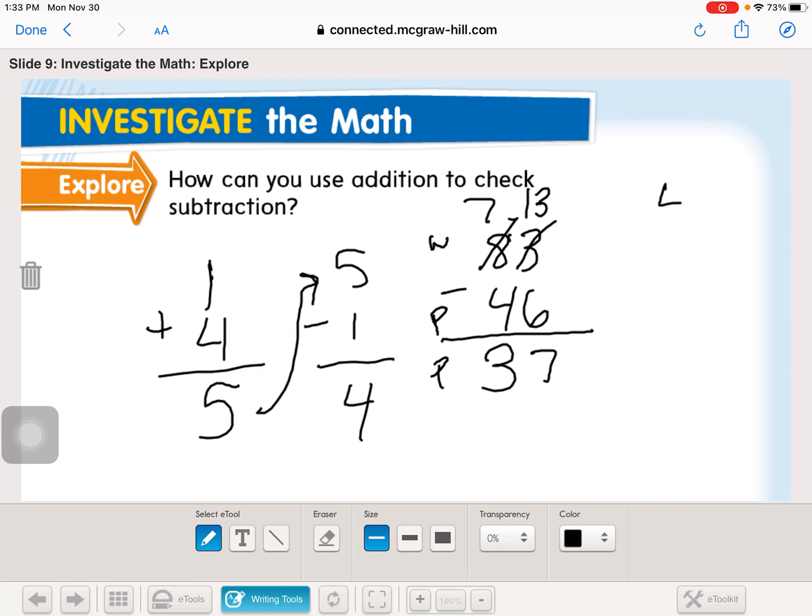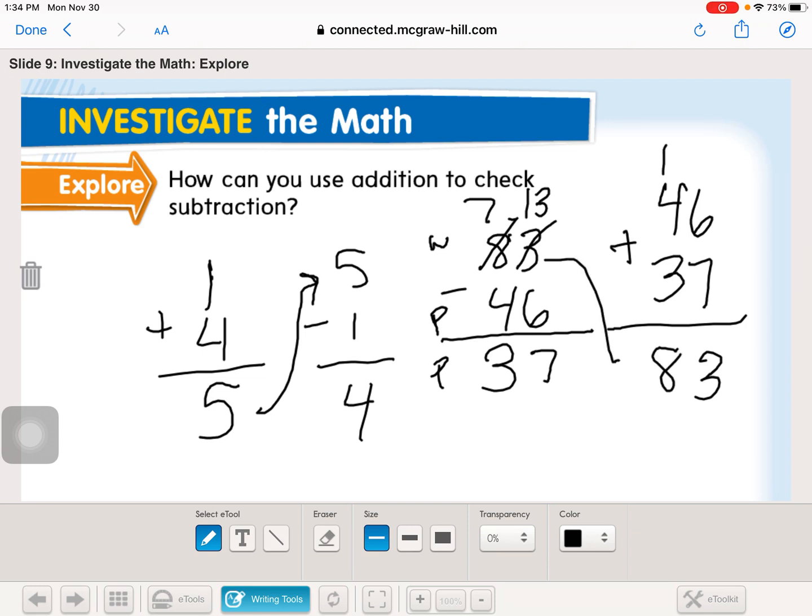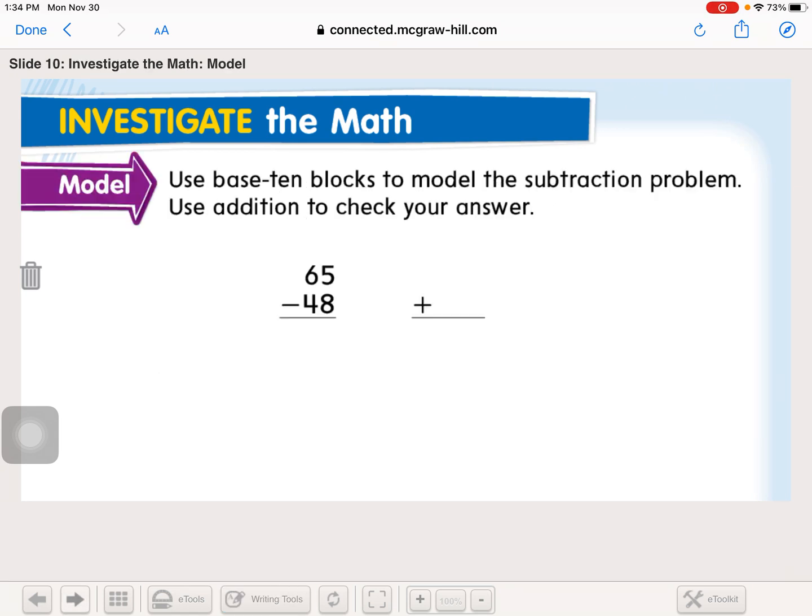I can take my 2 parts, which are 46 and 37, and when I add those together, I should end up with 83. And what do you know, I do, because those numbers are all related. So that means I subtracted correctly, because when I add these parts back together, I end up with the same whole that I started with.